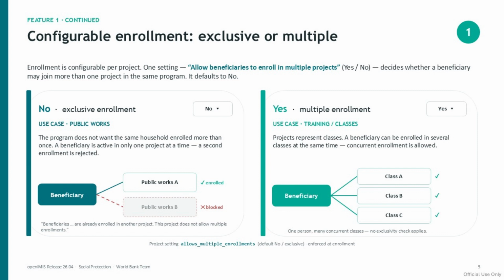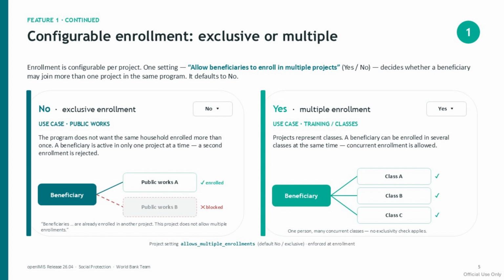For example, for public works, we don't want a beneficiary to enroll in multiple public works projects at the same time, so you can say this project is exclusive. Once a beneficiary has been enrolled in public works project A, they will not be allowed to enroll in public works project B.